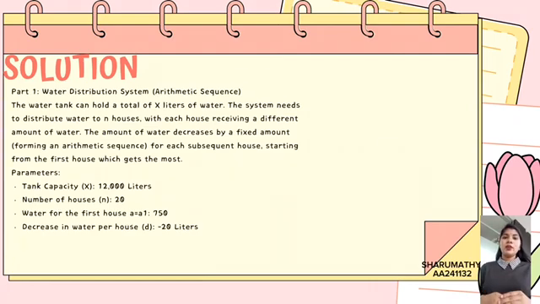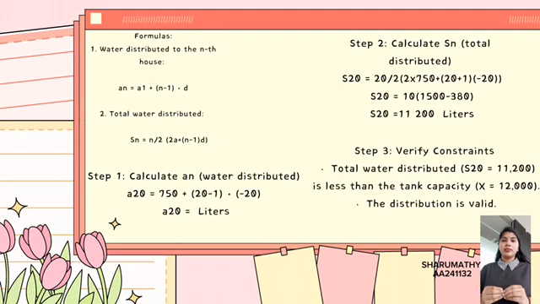Ensure the total water distributed, which is Sn, does not exceed the tank capacity, which is X, by adjusting the parameters: number of houses, which is N; initial water, which is A1; or the decrement per house, which is D. Evaluate the system's effectiveness by balancing the water distribution, fairness across houses, and maintaining the total water within capacity.